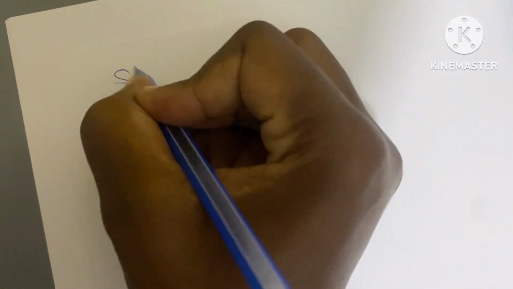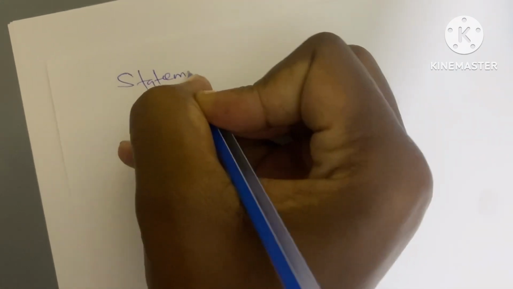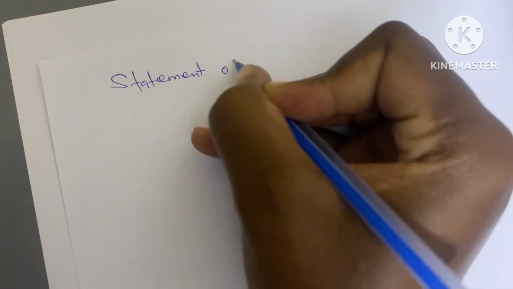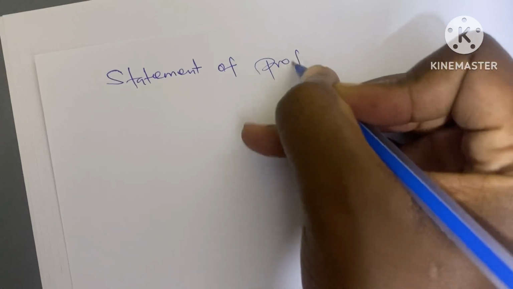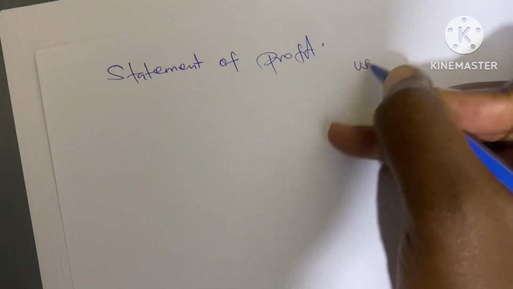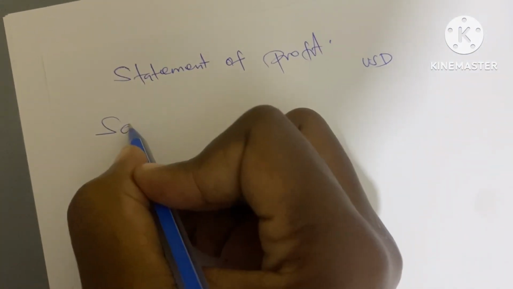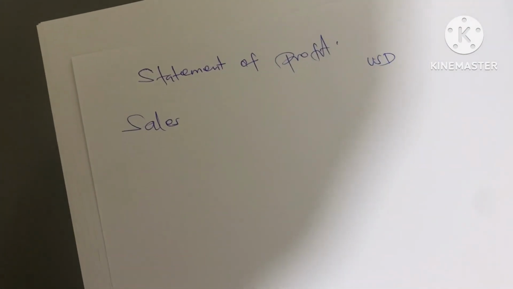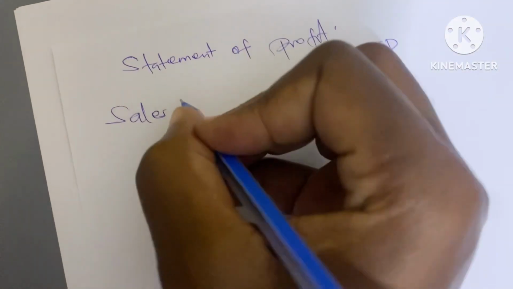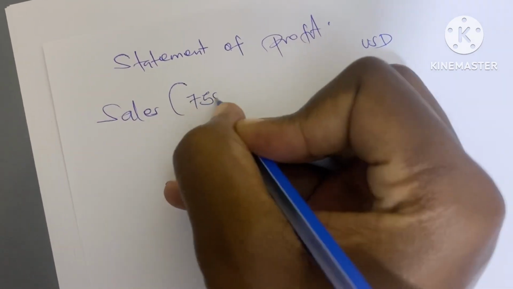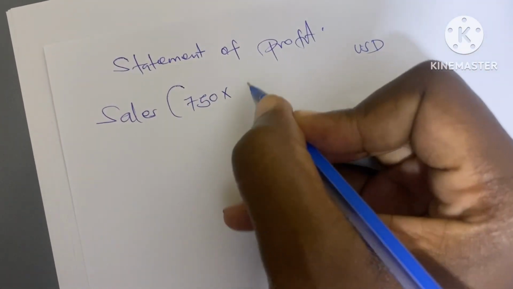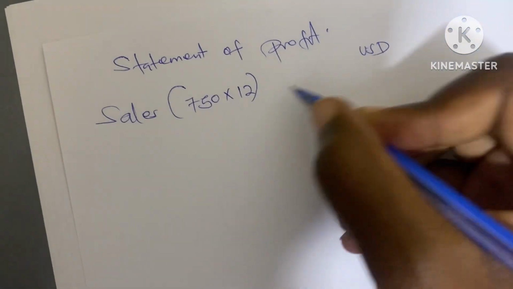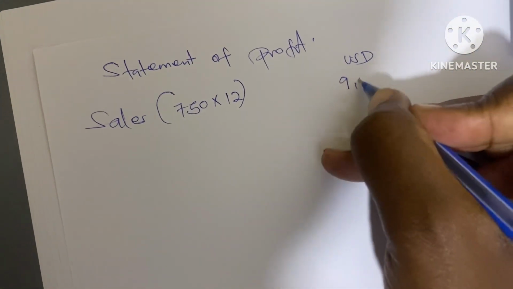So the statement of profit, USD, we start with sales. So they wanted us to use the units that we got in part 4, which were 750 units, times the selling price, which is 12. So when you multiply, you get 9,000.